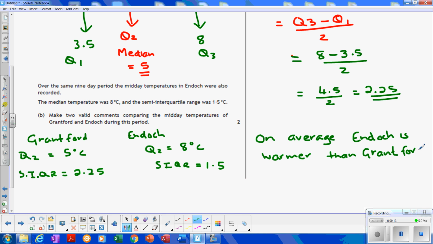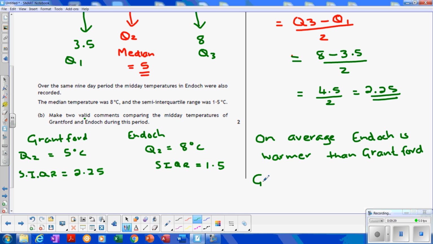Now we have to then make another valid conclusion. This is a 2, so it'll be a conclusion based on those 2 things. Right, semi-interquartile range again is a measure of spread. So that's bigger. So there's more variation in the temperatures in Grantford.